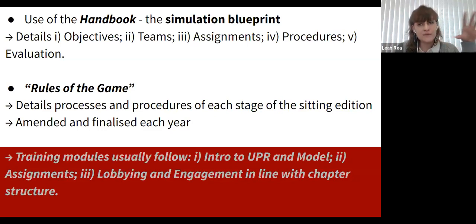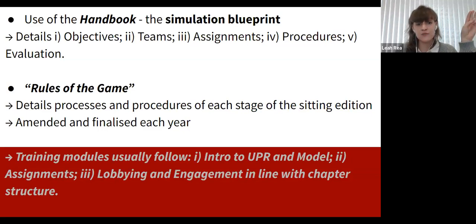So the reason why I'm showing this is to emphasize that the training modules will usually follow some structure similar to this, based on what the content is laid out as in the handbook. Some type of introduction to the UPR and then the model UPR, or as I call it, the UPR 101. The second session will probably look at something to do with assignments in detail.